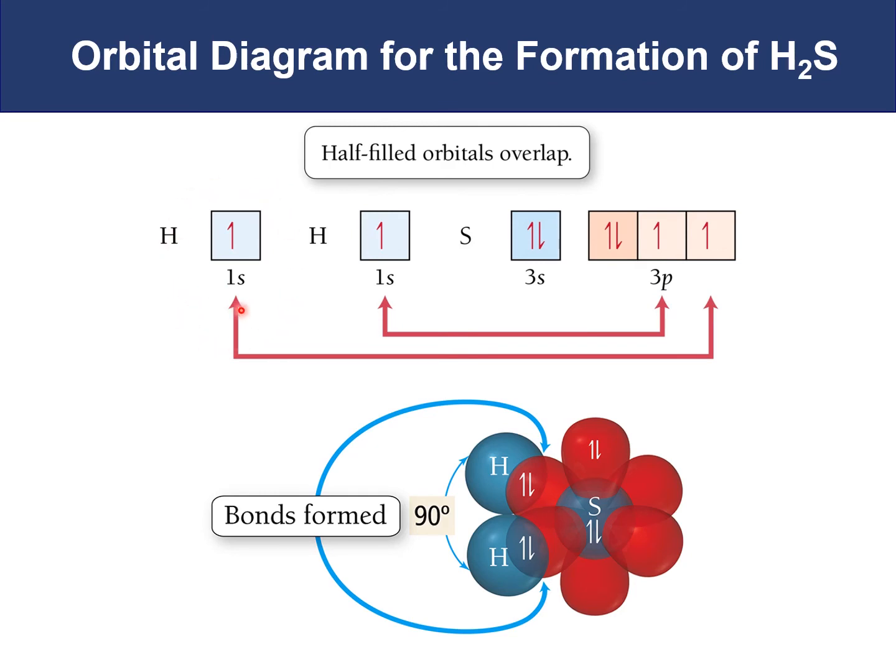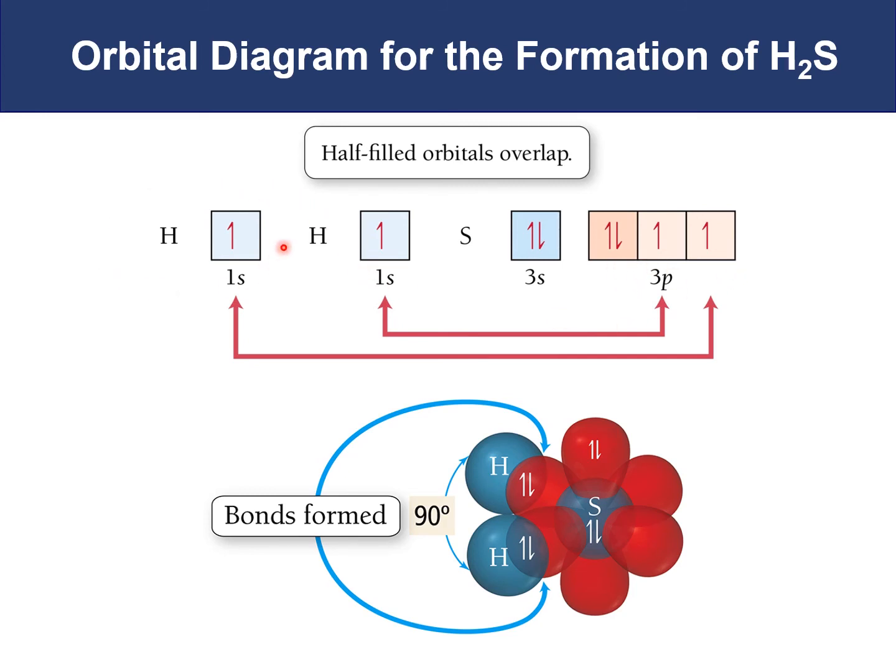In order to form a bond from the overlapping orbitals, the 1s would have to combine with the half-filled p orbitals from the sulfur. So sulfur's electrons are occupying a fully filled 3s orbital, and then in the 3p orbitals, one of the orbitals is fully filled and two of them are half-filled.